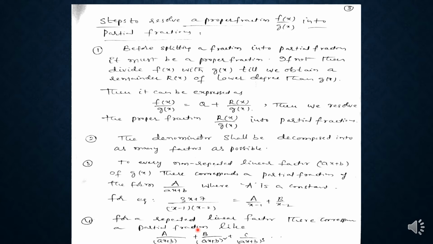If not, divide f(x) by g(x) till we obtain a remainder r(x) of lower degree than g(x). Then f(x)/g(x) is equal to some quotient plus the remainder over the denominator g(x). Then we resolve the proper fraction r(x)/g(x) into partial fractions.